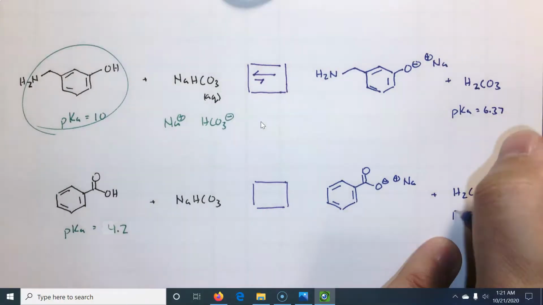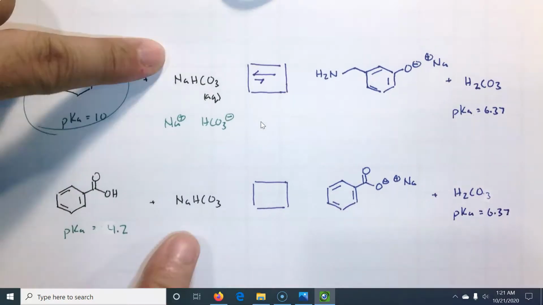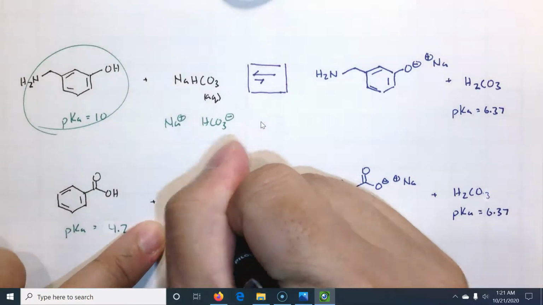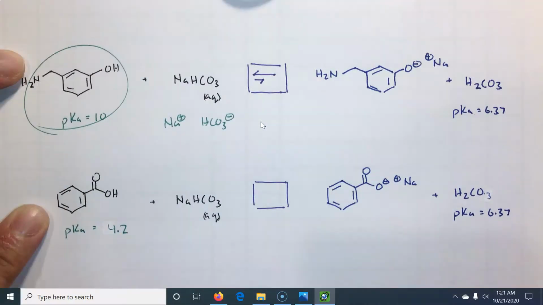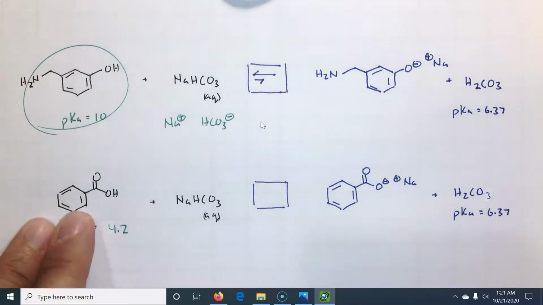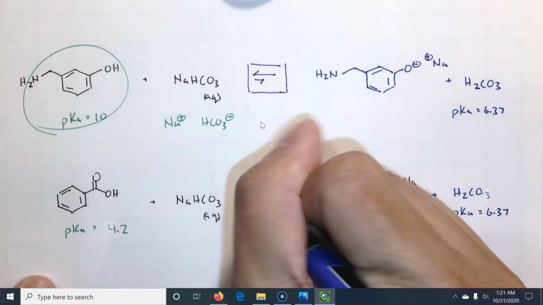Because look what I have here. Look at this situation. I use the same sodium bicarbonate solution in that mixture, and I'm able to get this one into water, but not this one. See, this is the weaker acid. Equilibrium favors the weaker acid.